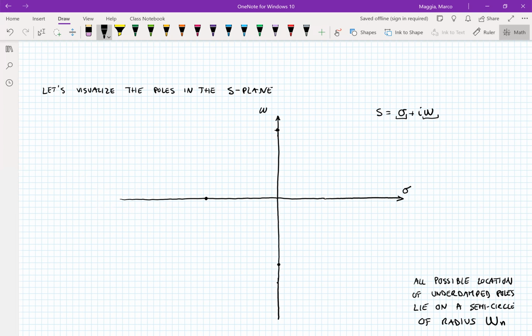So starting from the undamped case, we have the 2 poles equal to plus or minus i omega n. And you see that these 2 poles lie exactly on the imaginary axis.